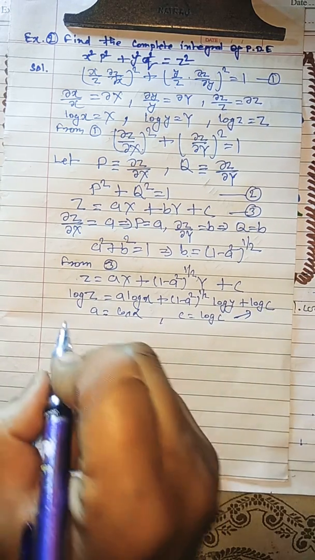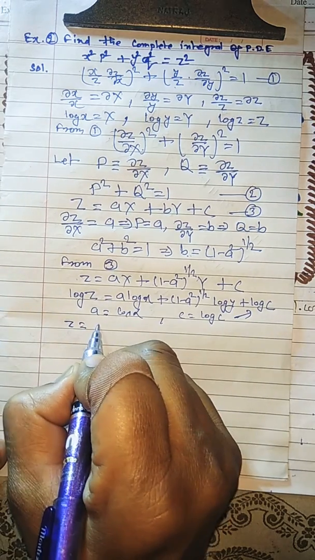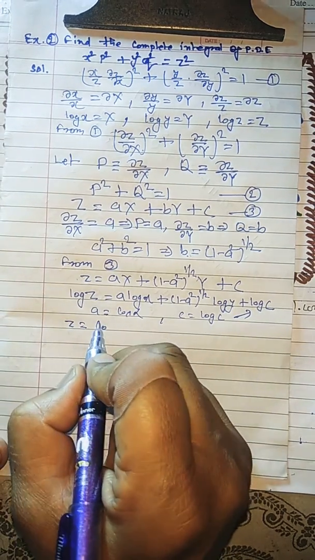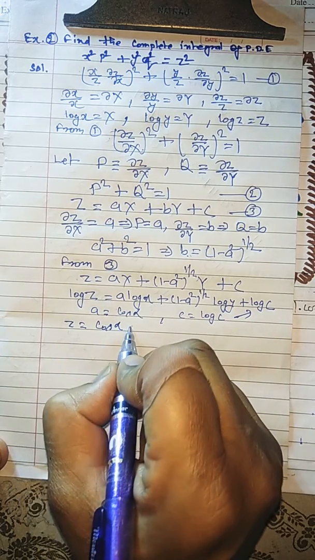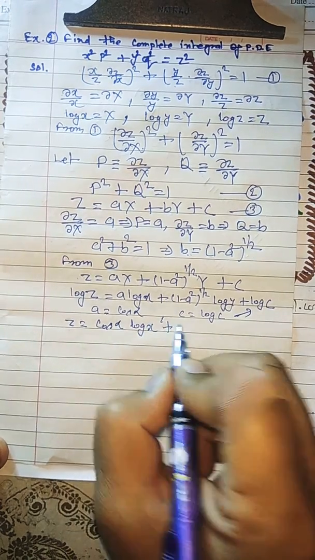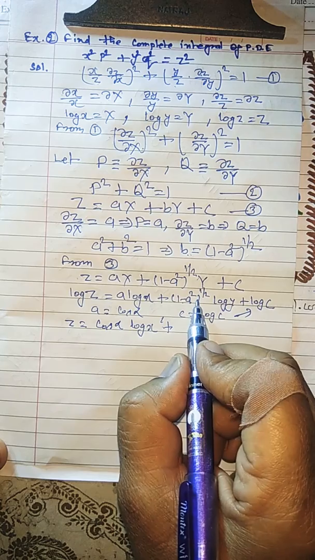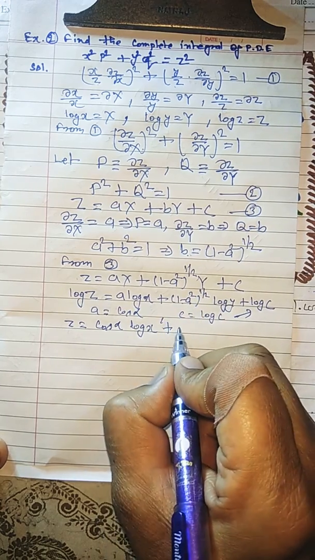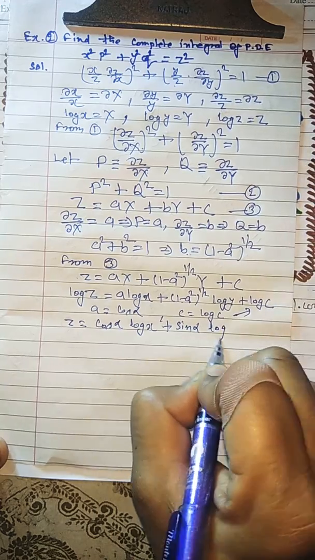What we get here is log z equal to cos alpha log x plus 1 minus cos square alpha, that is sin square alpha to the power 1 by 2, that is sin alpha log y.